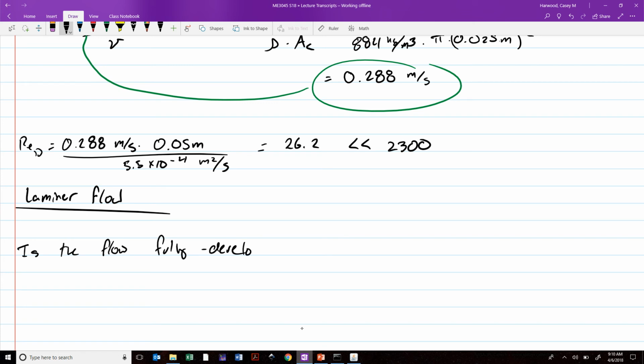Next question, is the flow fully developed? We'll consider first whether it's hydrodynamically fully developed.